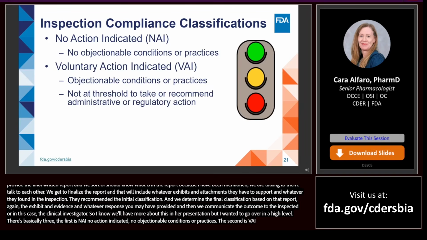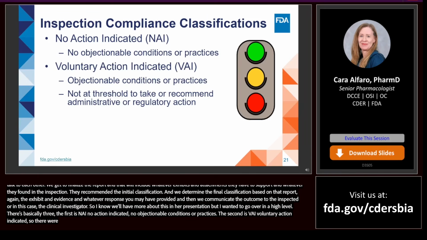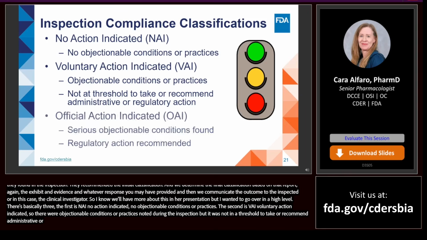So there were objectionable conditions or practices noted during the inspection, but it was not at a threshold to take or recommend administrative or regulatory action. And then the one that you really don't want, that's OAI, official action indicated. These are serious or objectionable conditions that were found, and regulatory action was recommended.